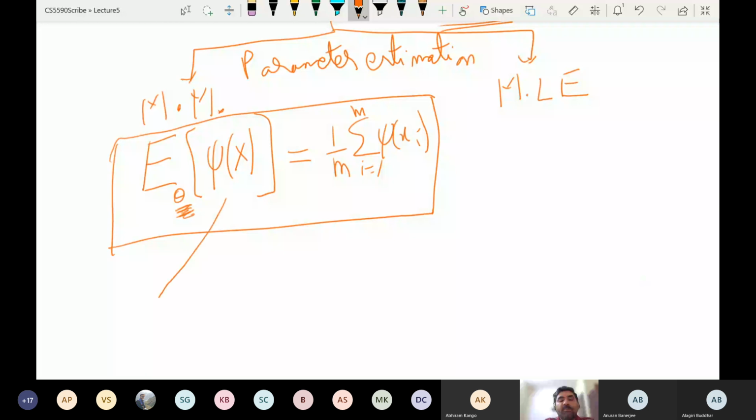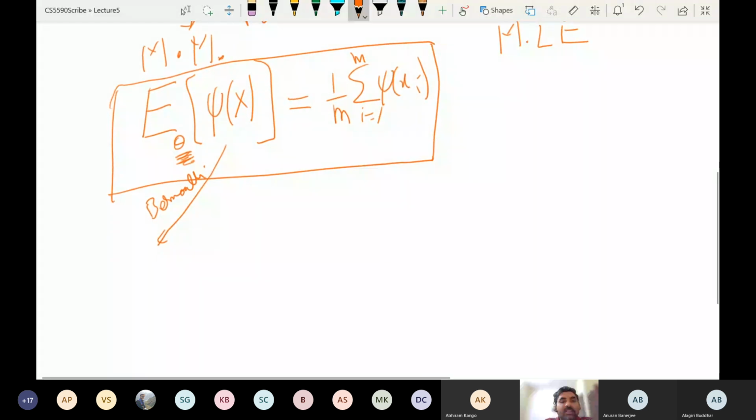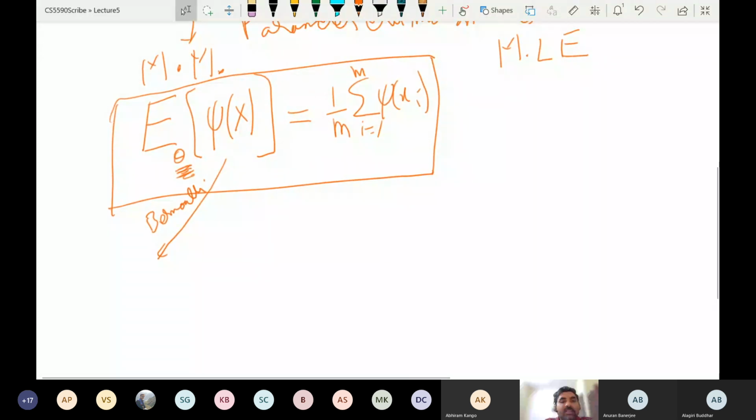For example, if the model was Bernoulli, then I would choose a psi function such that my expected psi value will simply be the parameter, which is the probability of heads. So we consider psi of x equal to the indicator of x equals 1, or heads.